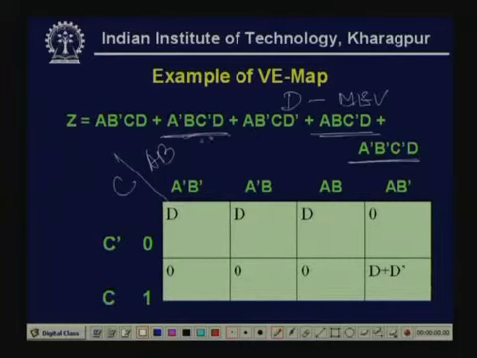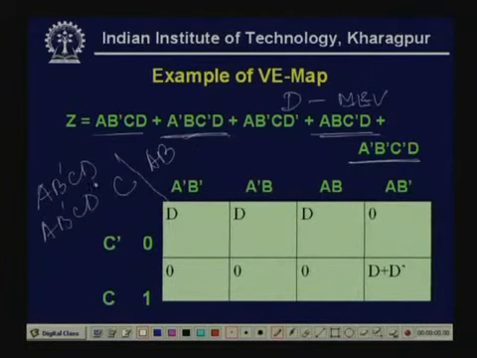Now see A B dash C dash, the first term, the A B dash C D and A B dash C D dash. So these two terms exist. For A B dash C, it is true whether it is D or D plus D complement. So for A B dash C, the term will be D plus D dash. So in this way we can summarize our map.